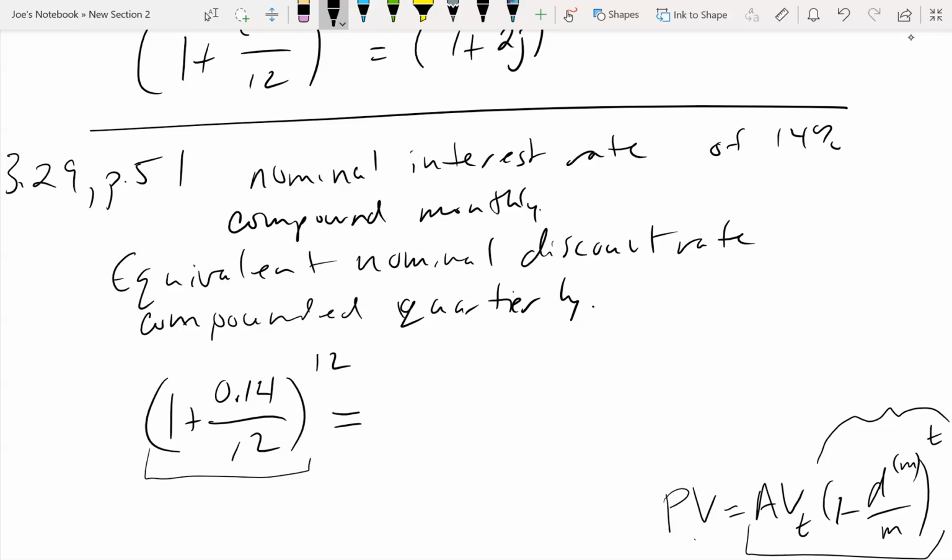So the right-hand side of this equation should be 1 minus d4 over 4, to the negative 4.